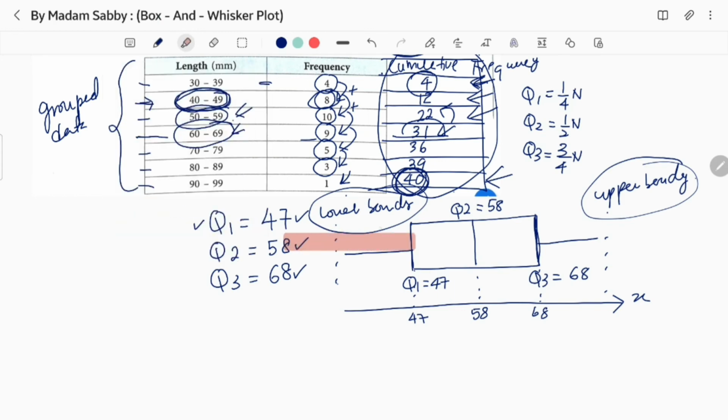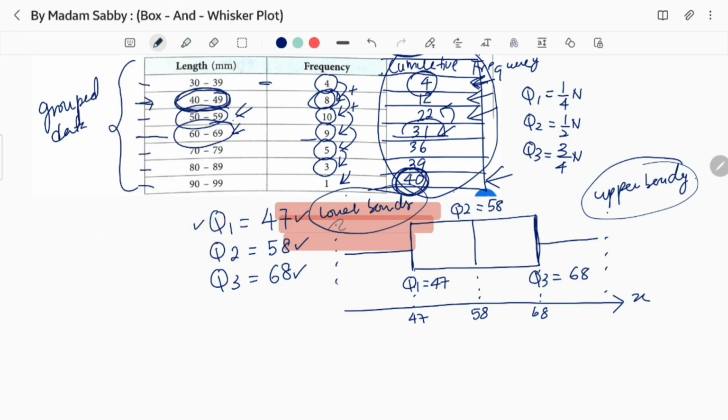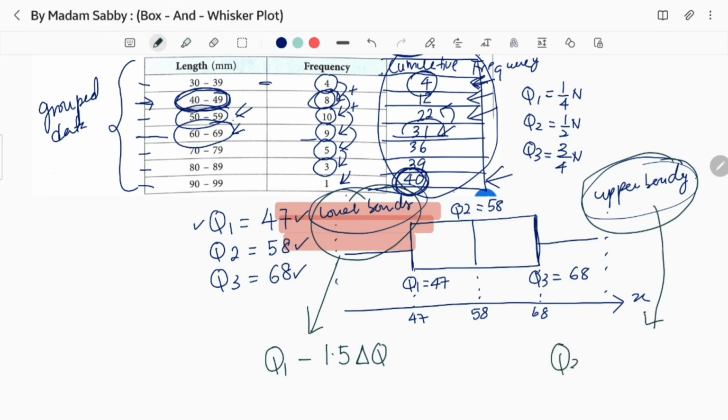For your lower boundary we have this formula: the lower boundary should be Q1 minus 1.5 delta Q. And the upper boundary should be Q3 plus 1.5 delta Q. You must be curious, what is delta Q? This delta Q refers to your interquartile range.